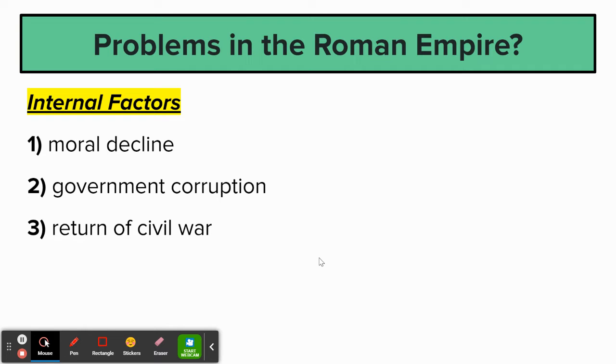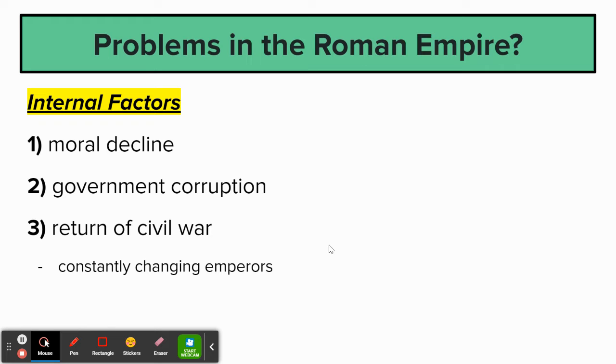We see a return of civil war to the Roman Empire, and this constant fighting between sides within the empire led to a constant change in who was the emperor. And we see a stretch of 50 years where you have 22 different emperors.